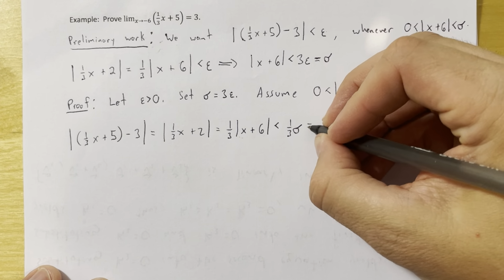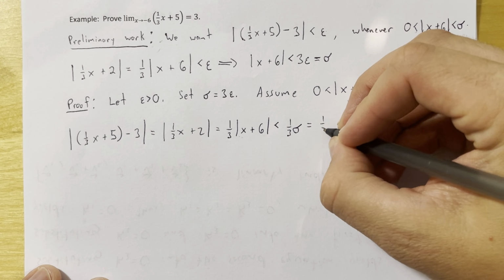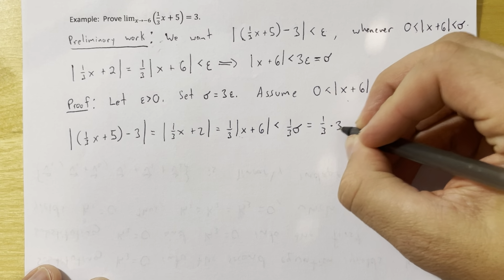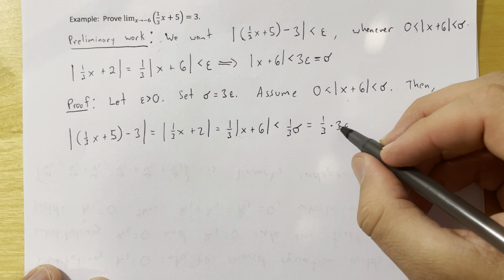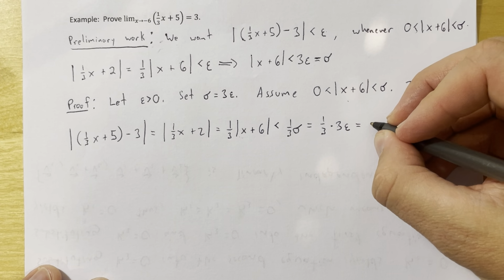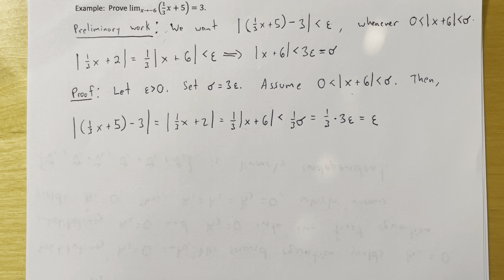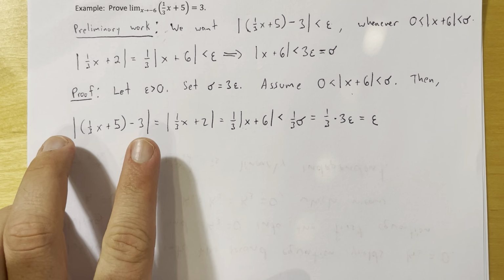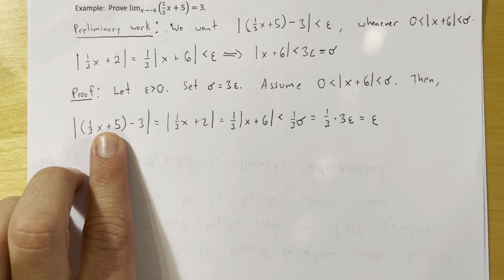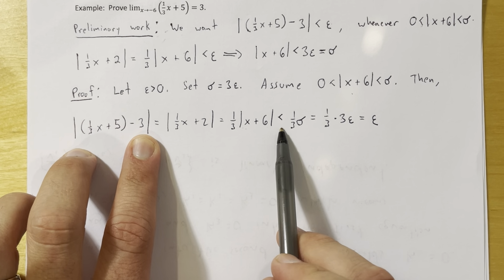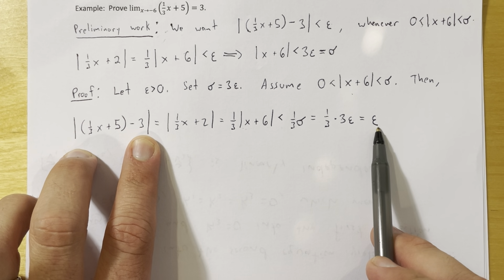But what is delta equal to? Well, delta, we set up here, was equal to 3 epsilon. And you notice what happens? I get cancellation here. And what have we done? Well, we've proven what we wanted to prove. We have shown that the absolute value of our function minus the thing that we're saying is the limit is less than epsilon.